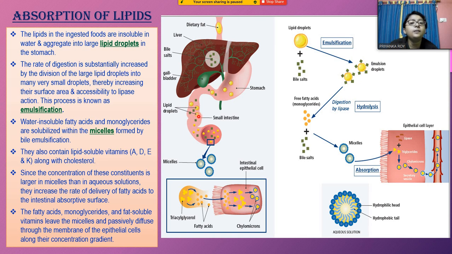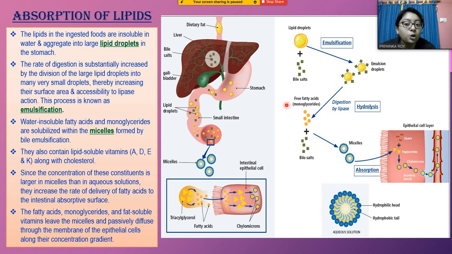Therefore, the surface area of the lipid droplets increases. When you convert a large lipid droplet to a number of small lipid droplets, the surface area is increased, and the lipase enzyme will have more surface to work on. Now, water insoluble fatty acids and monoglycerides are solubilized within the micelles formed by the bile emulsification.